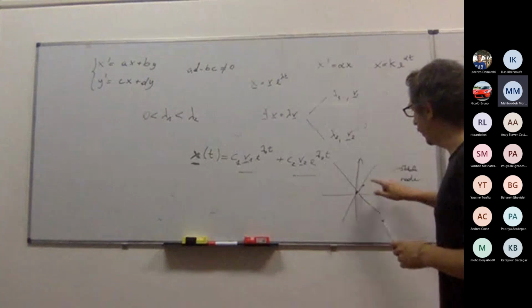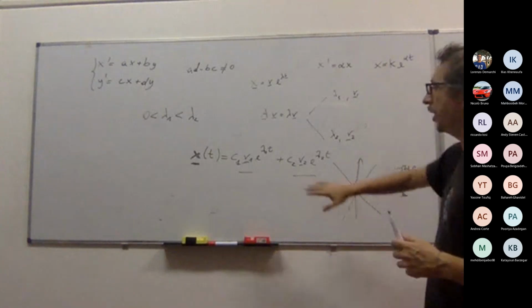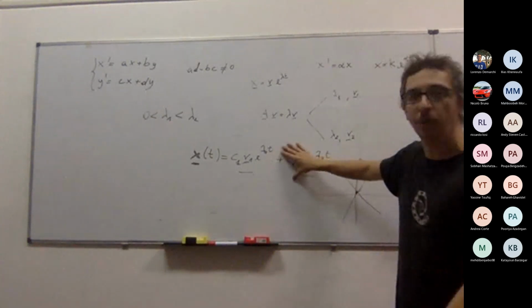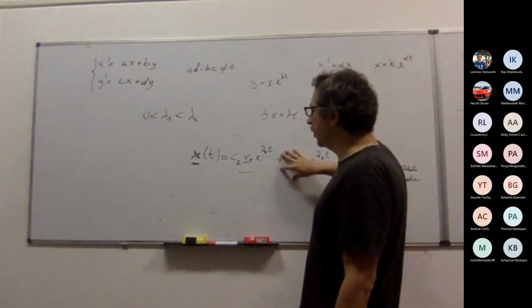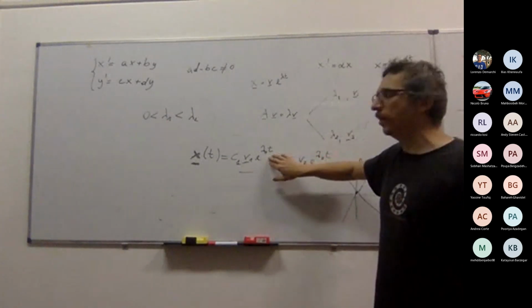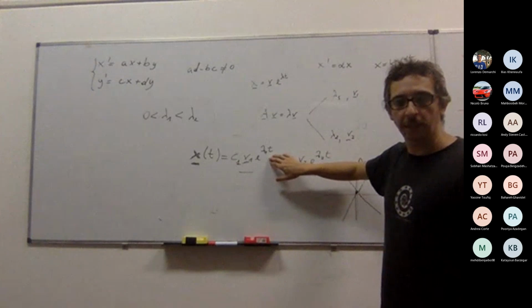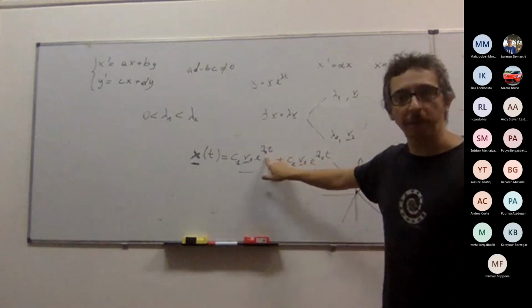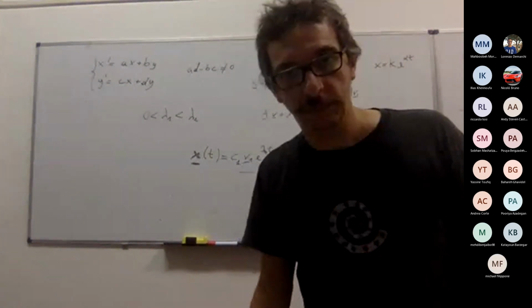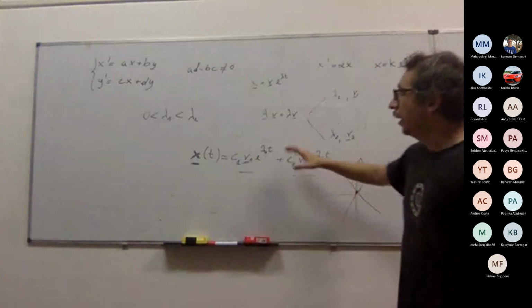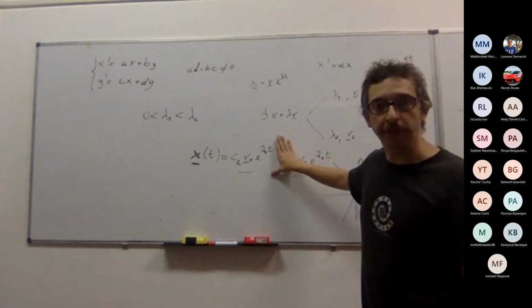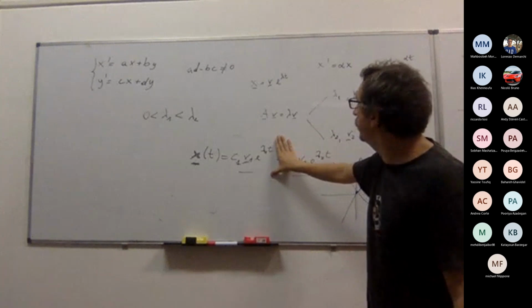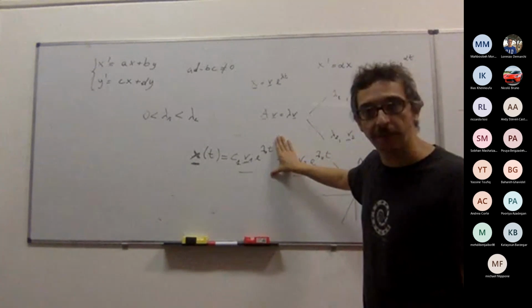Let me start from one thing. Let me suppose that I'm taking the solution for C2 equal to 0. So the solution for C2 equal to 0 is just C1 V1 e^(lambda 1 t), where lambda is a number which is greater than 0. When is this solution approaching the critical point? Remember, the critical point is (0,0) for this case.